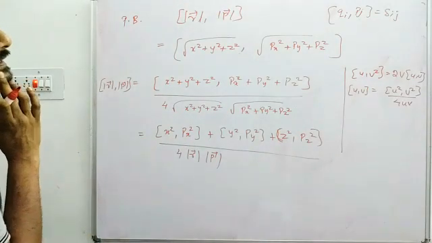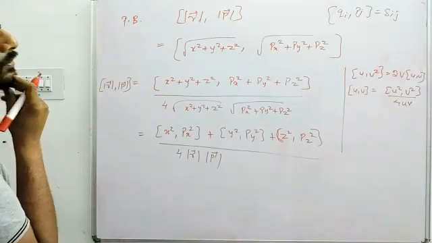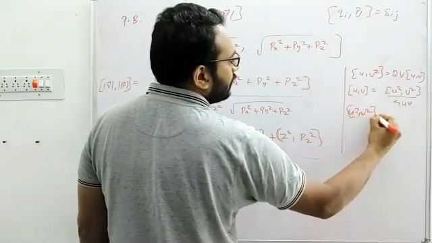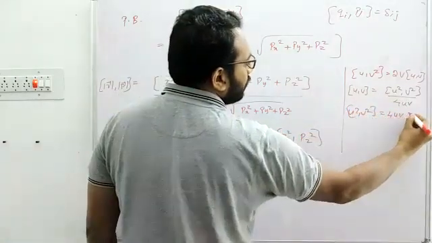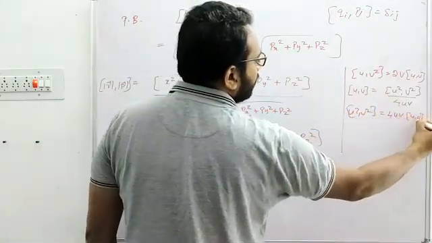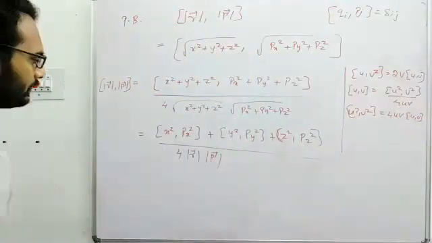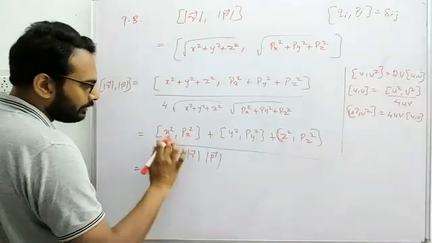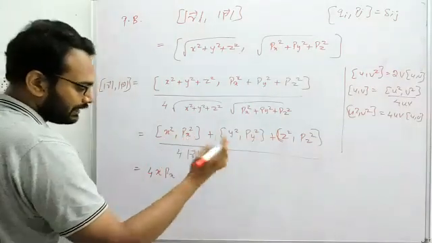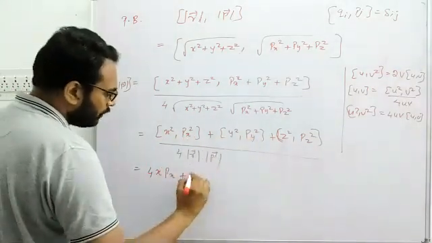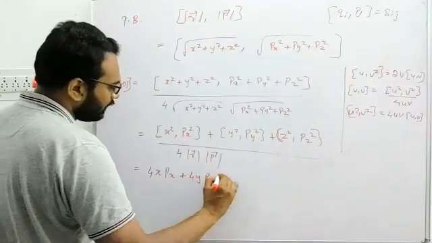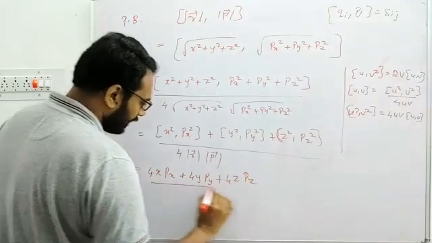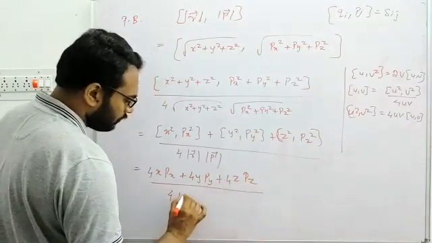We can just use this: u squared with v squared is equal to 4uv multiplied by the commutator of u with v. So this is equal to 4x px multiplied by the commutator of x with px, that's 1. Similarly, this would be 4y py plus 4z pz, divided by 4.